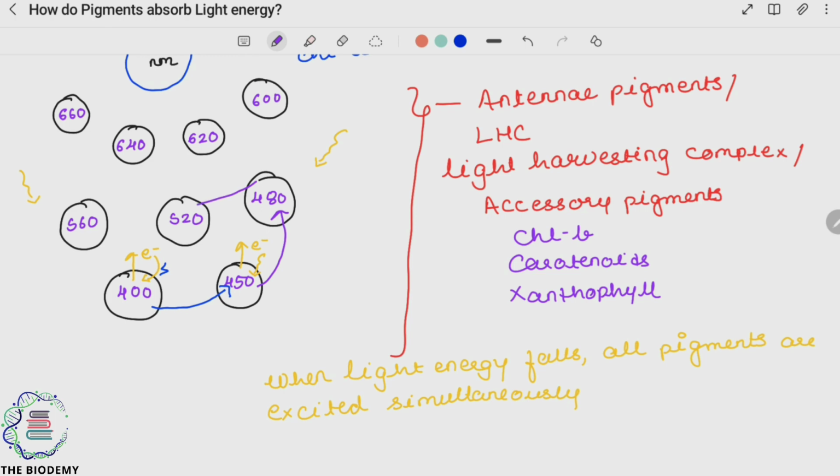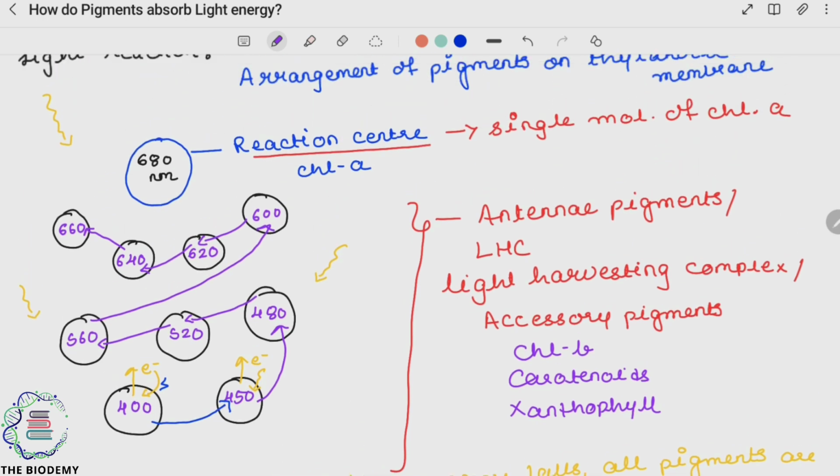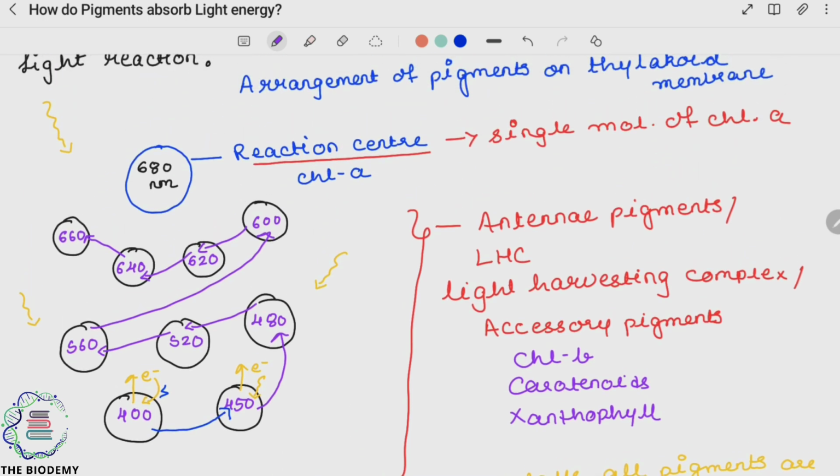So this is how the energy will keep on transferring between the various antenna pigments. The thing which is very important to note here is that this reaction center chlorophyll A has the highest wavelength and absorbs the lowest energy, and it is the most important pigment when we talk about photosynthesis.